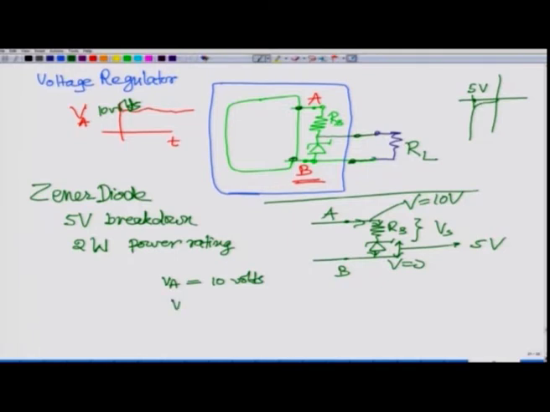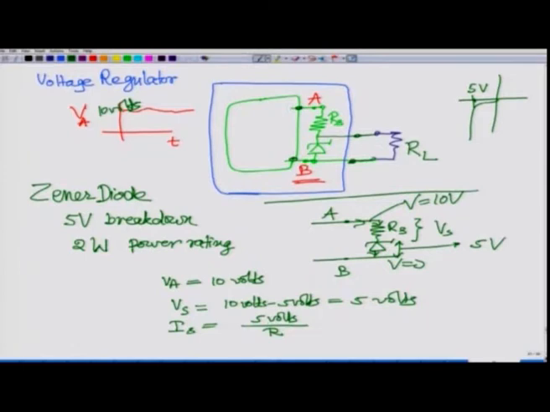So, across RS the voltage will be 10 volts minus 5 volts, and that is 5 volts. So, you can see what is the current. The current through this RS is 5 volts divided by whatever is the R.